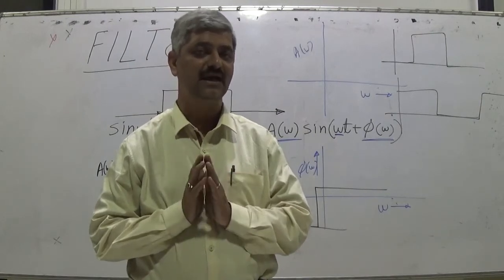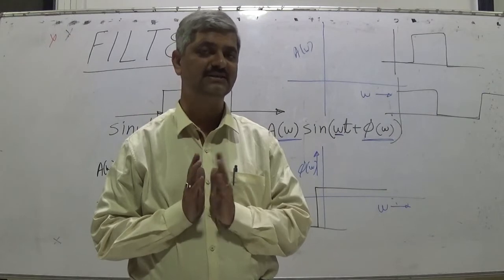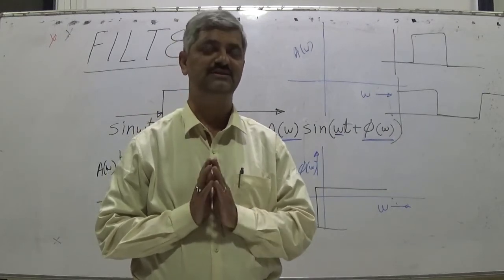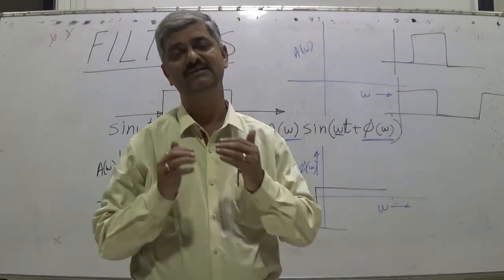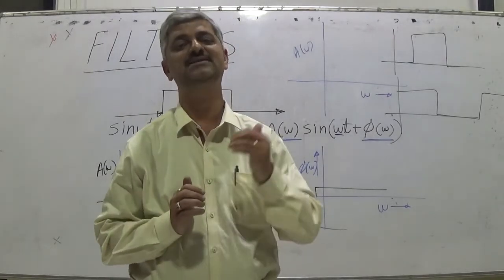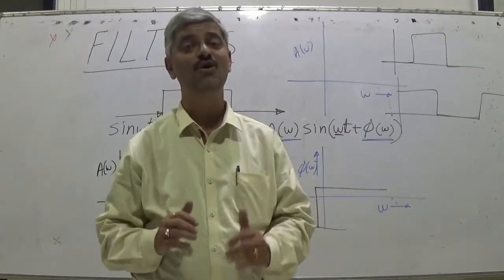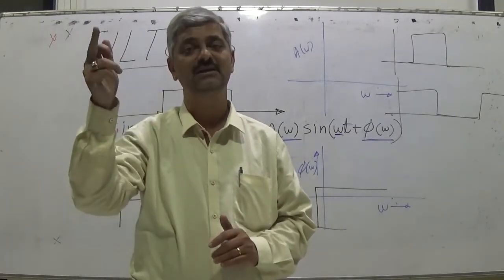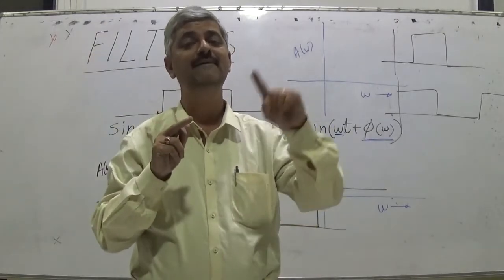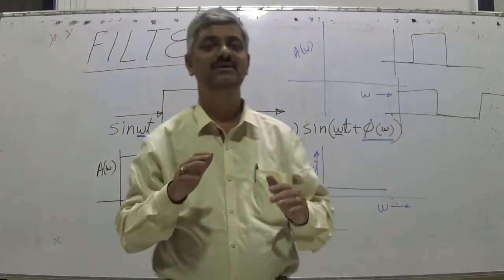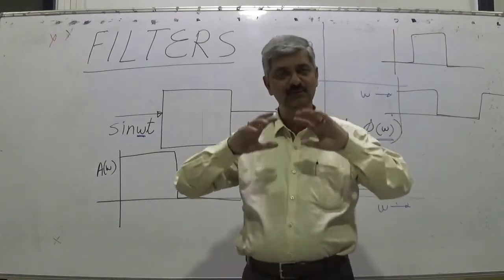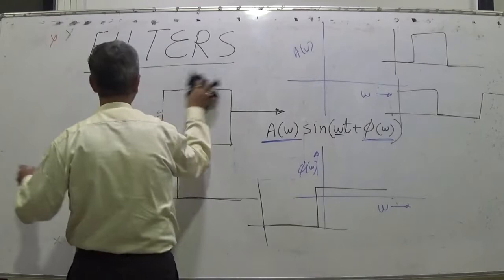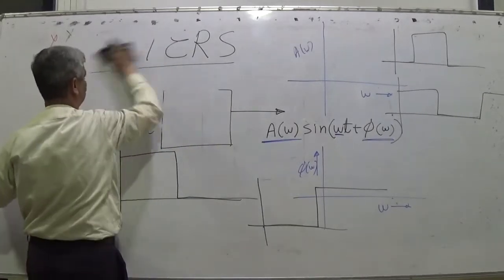For j sine, we take it as cos, and something sine omega t plus something cos omega t is always some other thing sine(omega t plus something). That we can get very easily. Whatever we have discussed till now, we will take some examples and show how filters work.